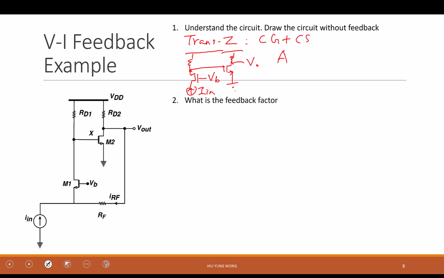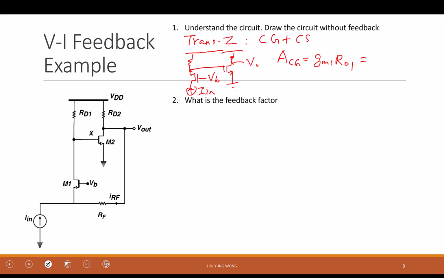The gain of the common gate, by definition, is what? When you say gm RD, which gm, by the way? gm1. When you say it is gm1 RD1, what is the definition? Which one, what divided by what when we say gain?